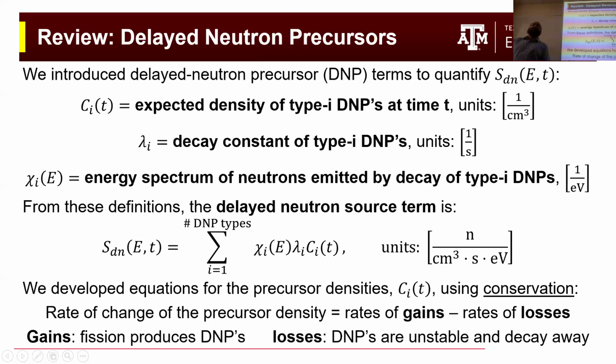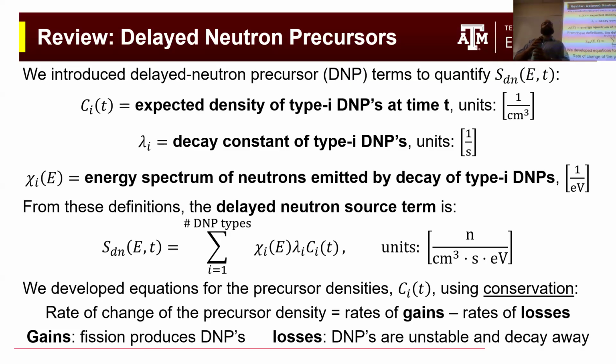we came up with a way to express that delayed neutron source term by introducing some definitions relating to these delayed neutron precursors. So there's a C_i, which is the density of these delayed neutron precursors, and there's a lot of them in our reactor. In a reactor, there are over 200 different delayed neutron precursors that have been identified.